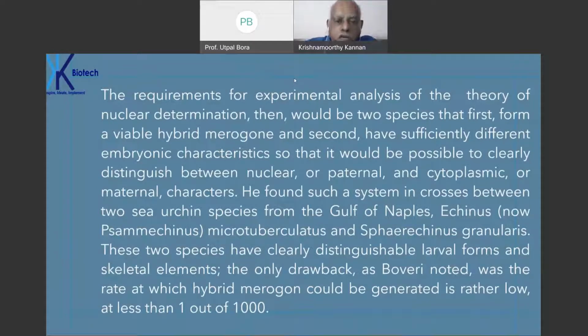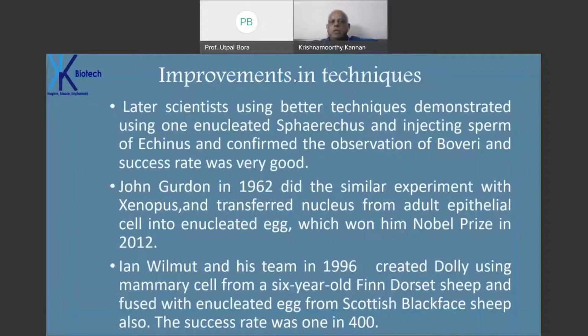Many of us don't teach all these things. So as a teacher, you should be aware that these are experiments done in the early years. Later scientists improved this because now you have microinjection devices and all that, and the success rate is very high. You remember I talked about the toad kind of experiment. John Gurdon did it in a species called Xenopus.